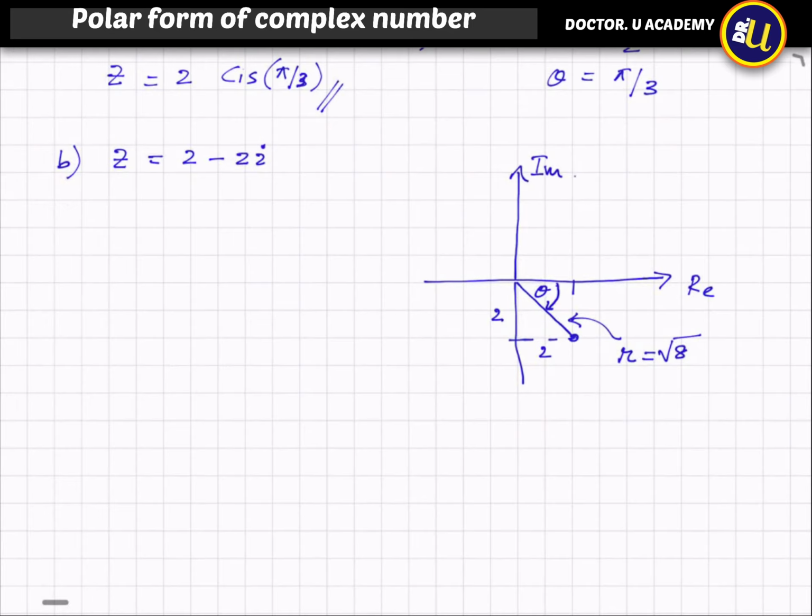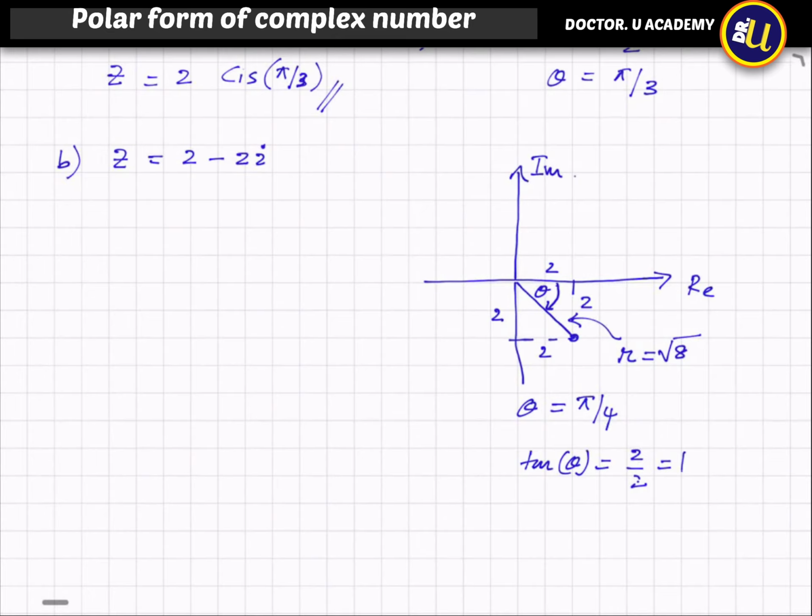Because if you get tan theta, it's going to be 2 divided by 2, which is 1. So tan theta is equal to 1, so theta should be pi divided by 4. Why? Because this is 2 and the vertical value is also 2. So it's going to be 1. So theta is equal to pi divided by 4.